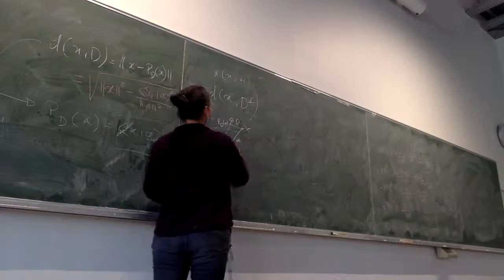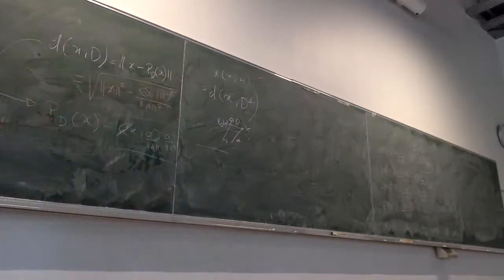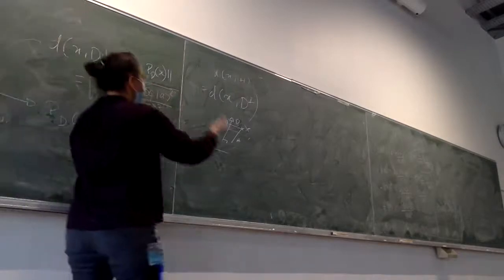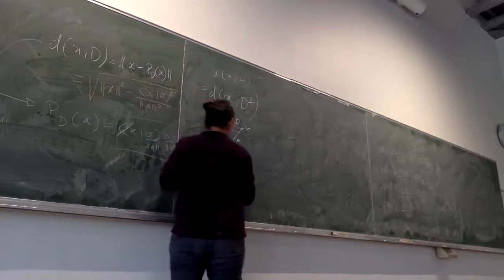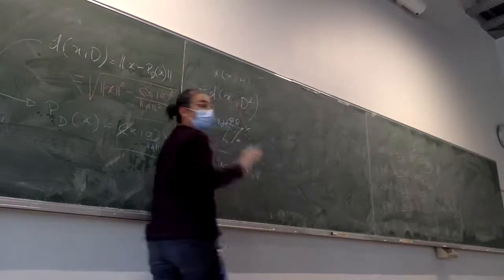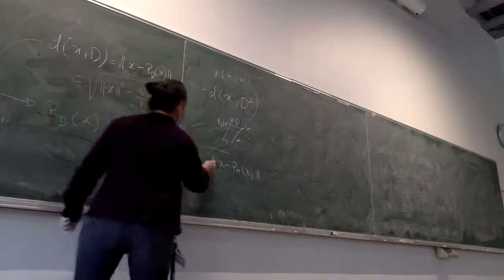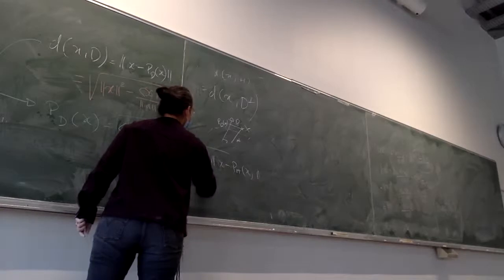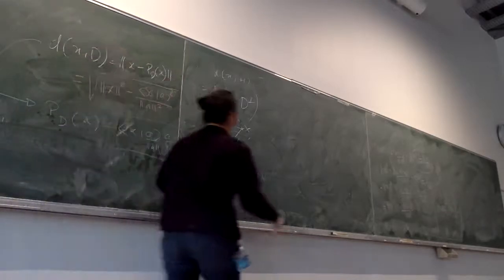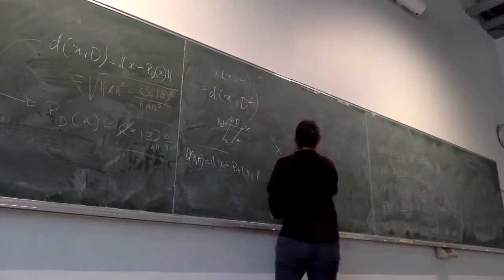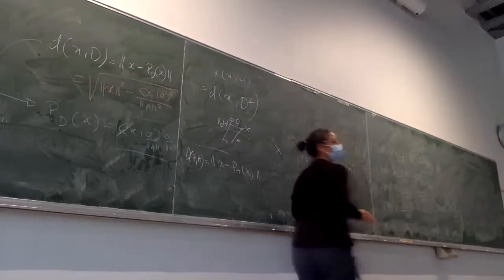Now, the distance between X and H, if I use the same thing, what I want to compute is X minus PH of X. All right? That's basic definition. What's the relation between X, PD of X, PH of X?